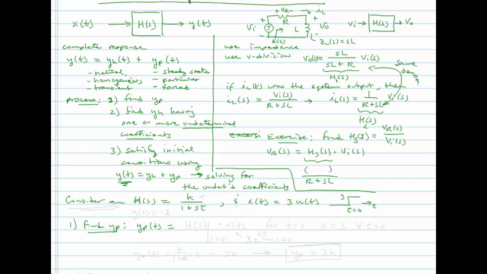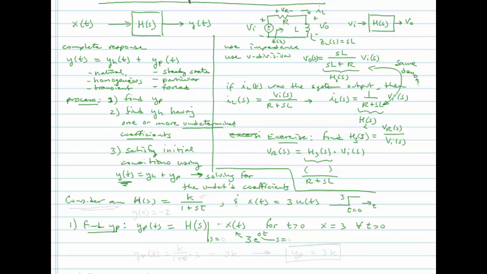So y sub p, I should say, is equal to the transfer function evaluated at s, okay, and this is going to be where s is equal to, and we have to decide that, times x of t. Now, we're going to solve this for t greater than 0. So just after time 0, what happens? Well, for t just greater than 0, we have x is going to be equal to 3 for all time that's going to be greater than 0. And we can say this is actually 3 times e to the 0t.